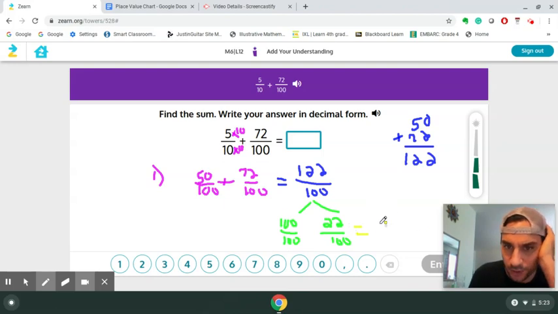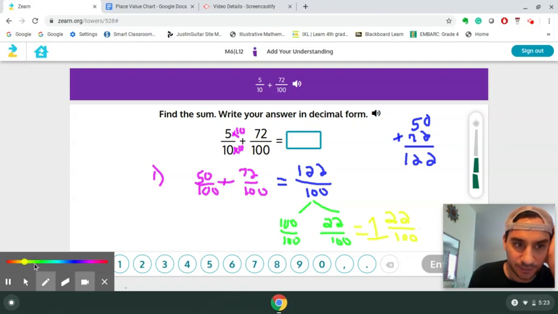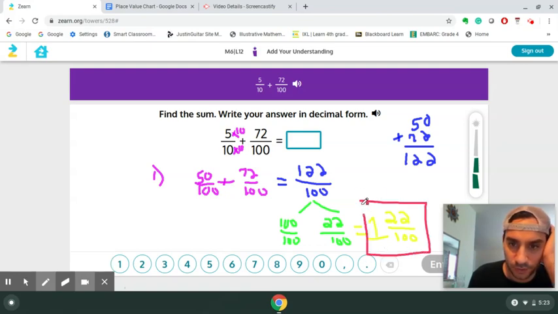Okay, so that's 1 whole. Our 100 hundredths is 1 whole. And then I have 22 hundredths here. And that's my answer. 1 and 22 hundredths.